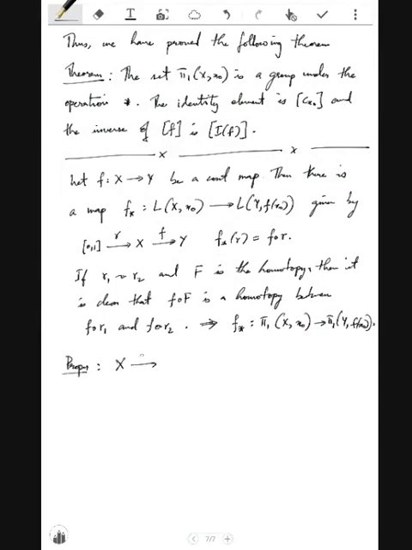Suppose we have two maps, then g compose f lower star equals g lower star compose f lower star. So the proof is obvious.